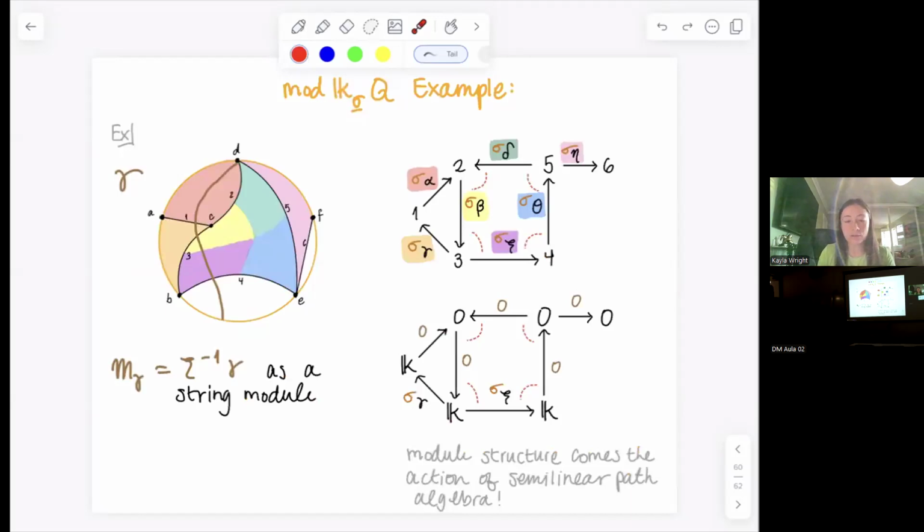Similar to the way that we were talking about that example with multiplying things in the semilinear path algebra, the modules work the same way. You have to be careful about different scalars if you're passing through some non-trivial automorphism. But essentially, combining these two results, we're able to get that these arcs and these closed curves will give the string and the band modules for the semilinear path algebras.